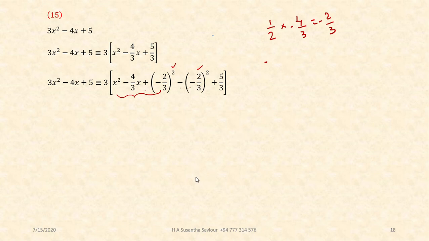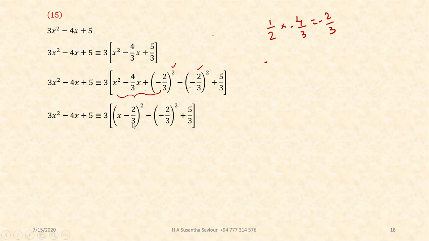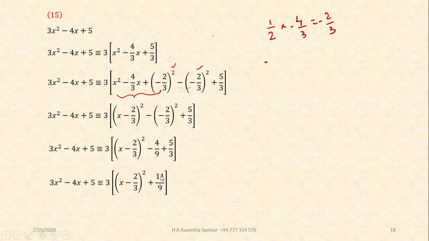It is like this now, right? This 3 is always lying outside until we finish the whole process. These three terms give minus 4/9 and then plus 5/3, so this will be 15/9, then 11/9, right?